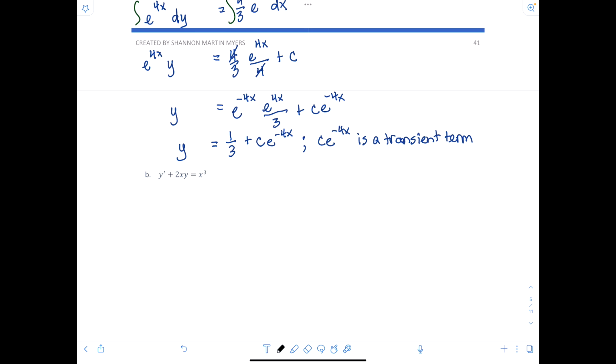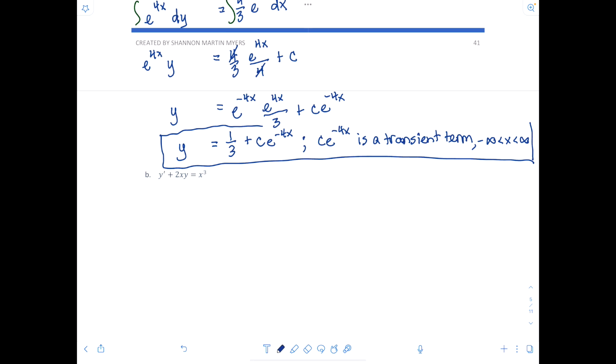And we'll put that in there, and then we'll box everything. Groovy? All right, so now let's take a look at part B.